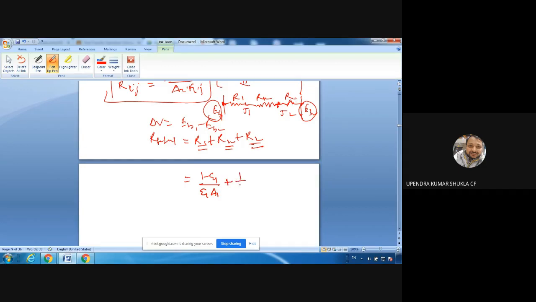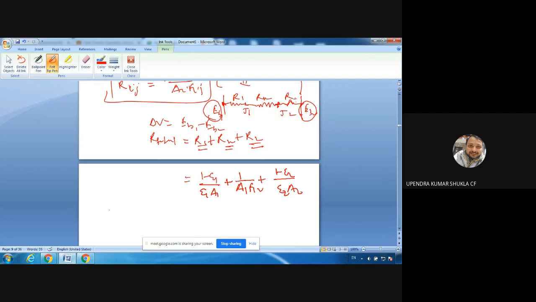R12 is 1 upon A1 F12, plus (1 minus epsilon 2) upon epsilon 2 A2. So this is the resistance.